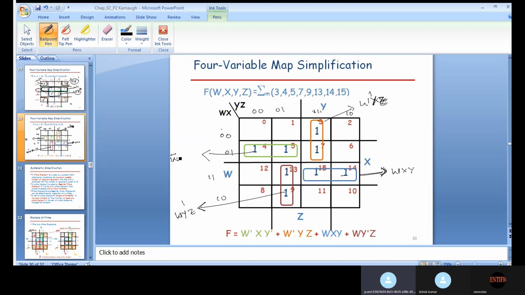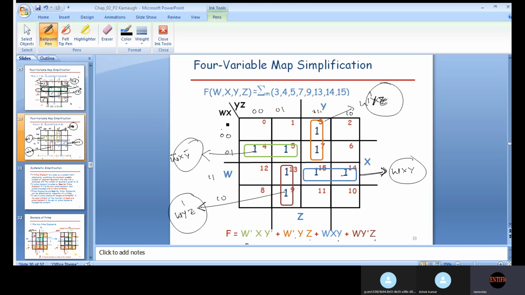W bar x is common, y bar. Okay. So see W bar x y bar, W bar y z, W x y. So all the things. So this way we have to minimize.